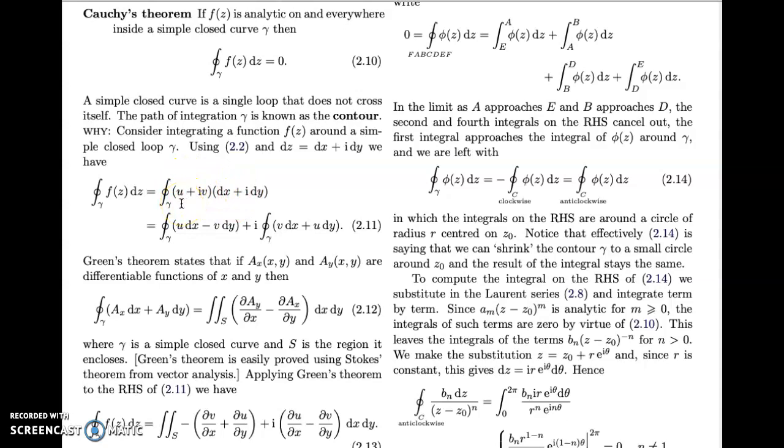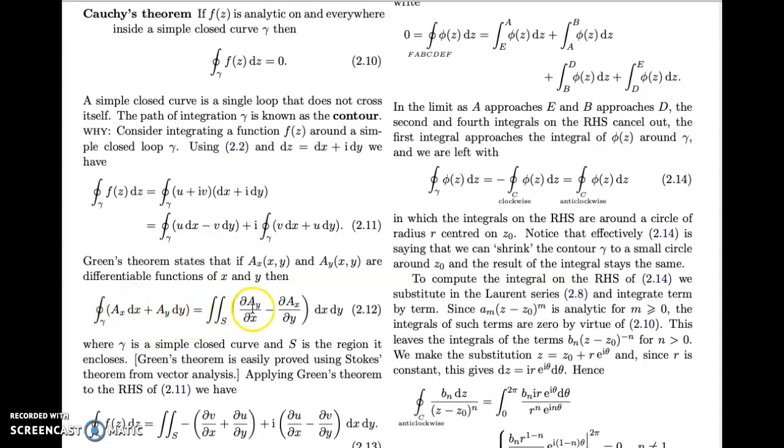So the real part is going to be u dx, plus the i times i will give us a minus, and it's v dy. And the imaginary part, we can take the i outside, is obviously going to be v dx plus u dy, which gives us this. Then we use Green's theorem, which states that if A sub x and A sub y are differentiable functions of x and y, then we have this result here.